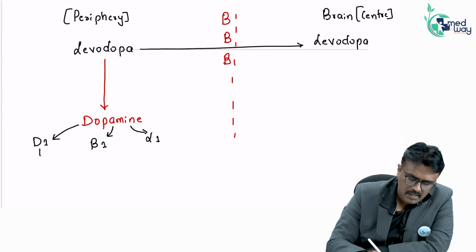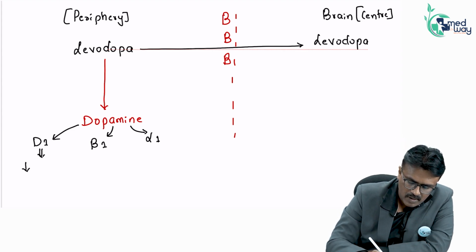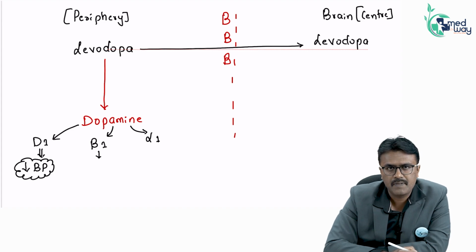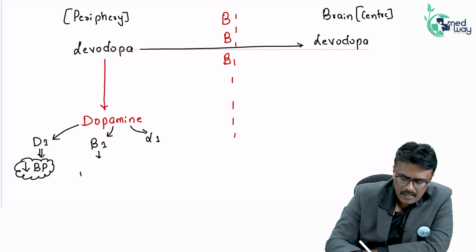When it activates D1, it can cause low blood pressure, that is called hypotension. If we increase the dose a bit, the heart rate may go up and that may lead to arrhythmia.